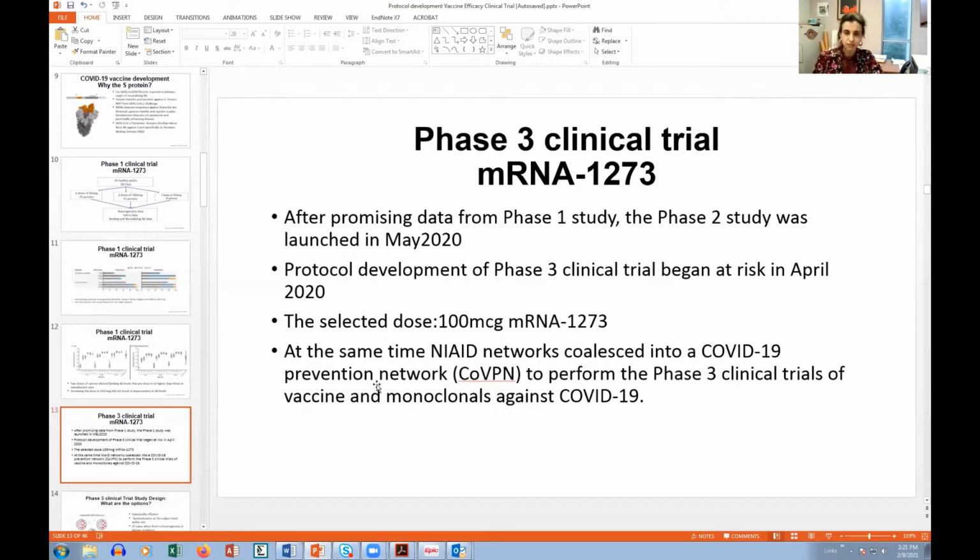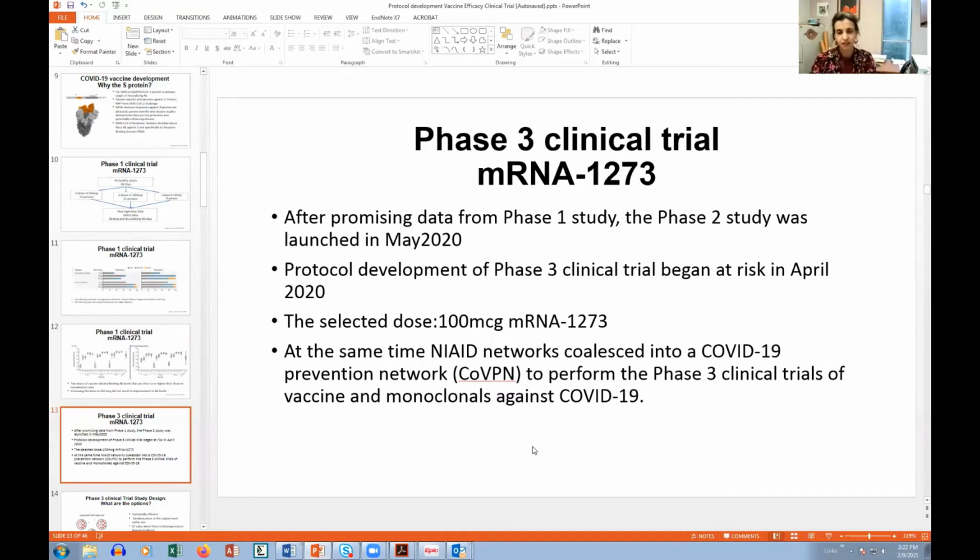As I mentioned, after the promising data from the phase 1, the phase 2 was launched and the protocol development for the phase 3 began at risk. The NIAID networks at the time also coalesced into a COVID-19 Prevention Network to form the phase 3 clinical trials testing, to perform the trial testing and the monoclonal testing. So at the time, to share some of the background information, we developed a protocol synopsis at DMID.